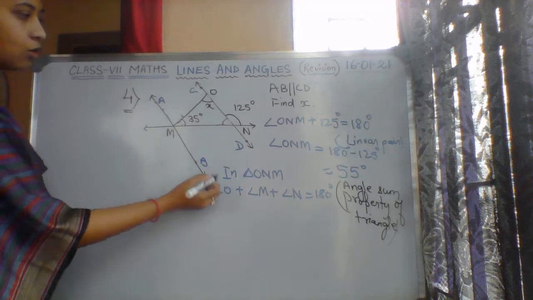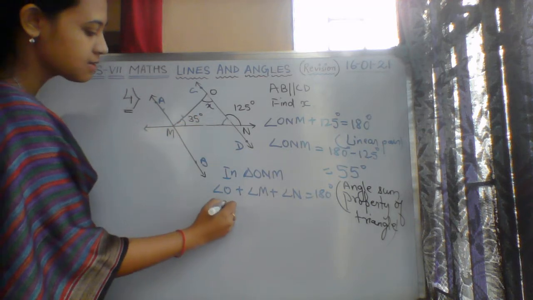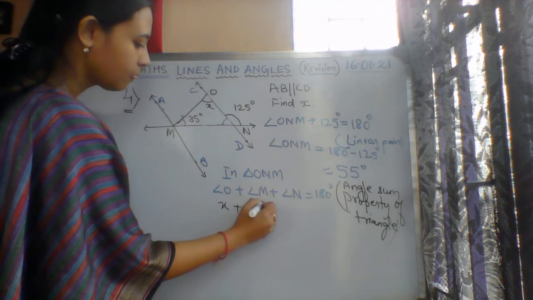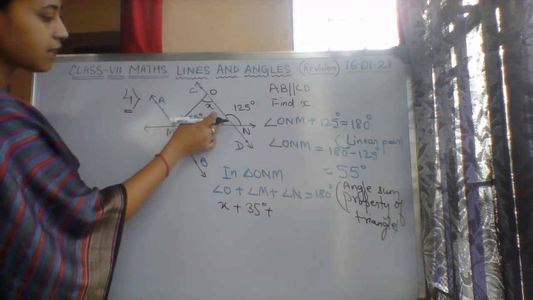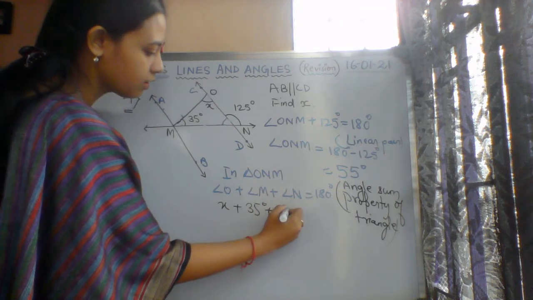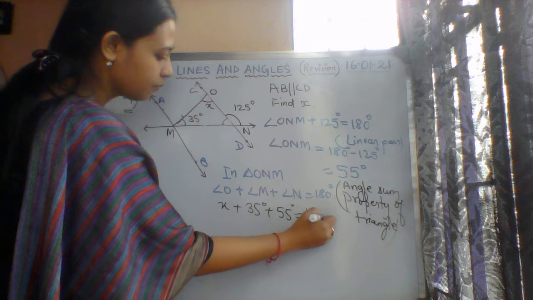Now, angle O value for this triangle is x. Angle M value for this triangle is 35 degree. Angle N for this triangle we have got now, that is 55 degree. This equals 180 degree.